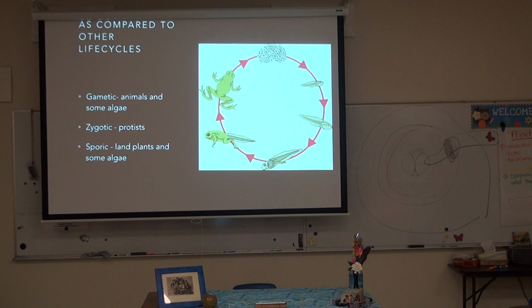Sporic phases, like land plants, exist as you see them, in the sporic phase. They are the results of spores being released into the environment. Spores being haploid.